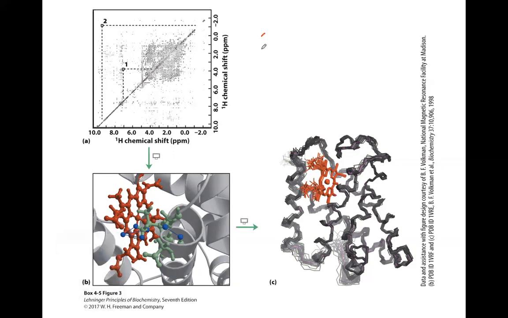So this will be a 2D NMR. And specifically, this one is known as the nuclear Overhauser effect, NOE, or sometimes referred to as NOESY.